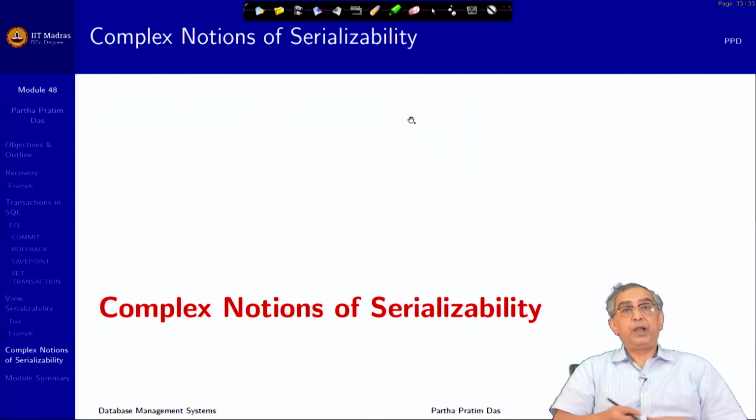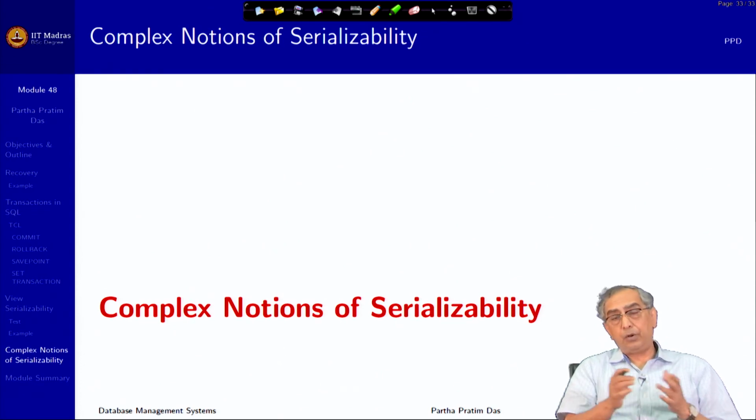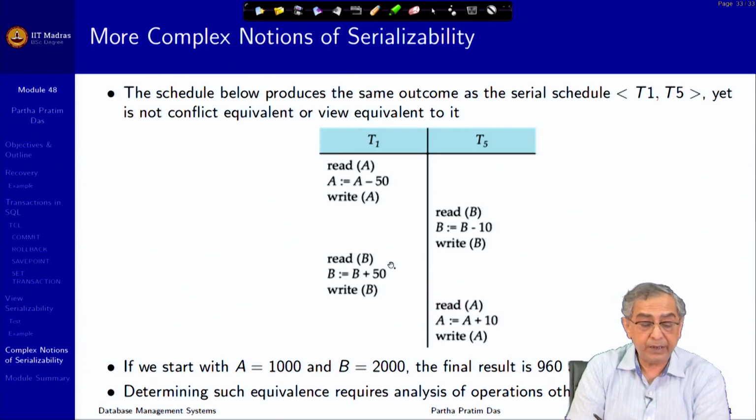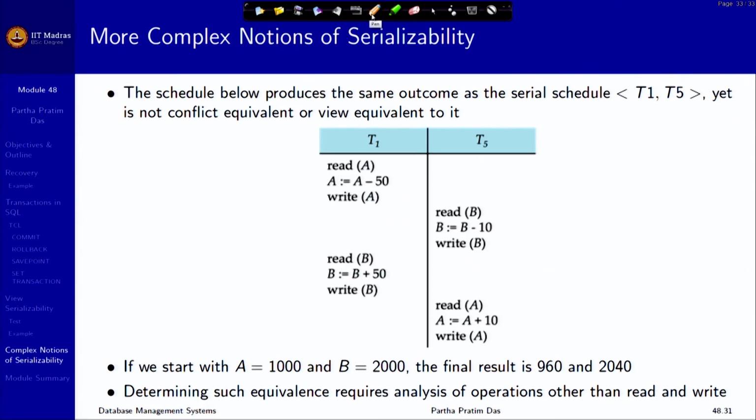Finally, before I close, that is not all about serializability, because there are certain schedules which are not view serializable. If it is not conflict serializable, it can still be view serializable. If it is not even view serializable, then we do not have anything else remaining.